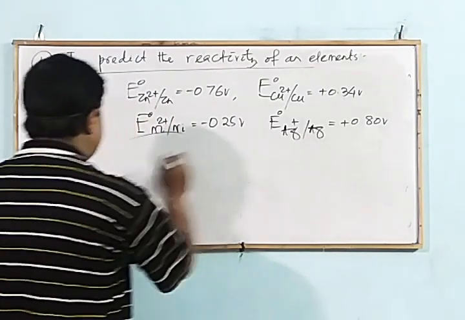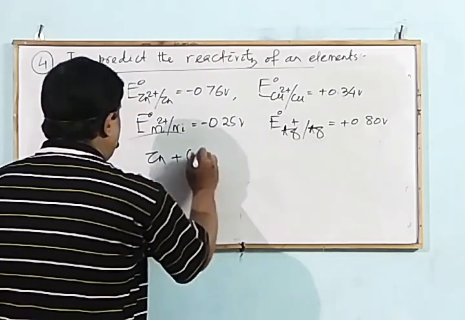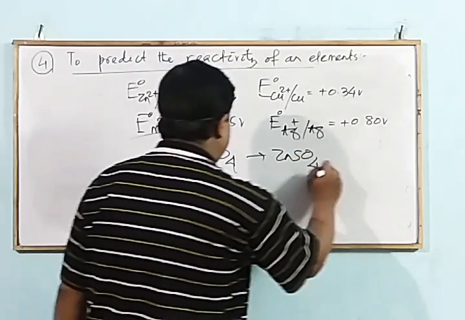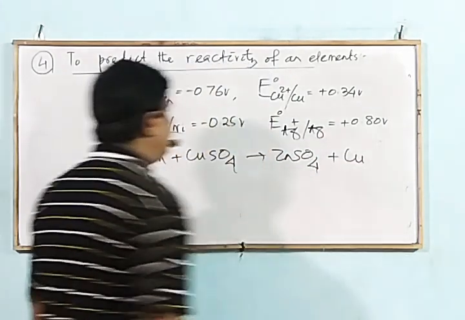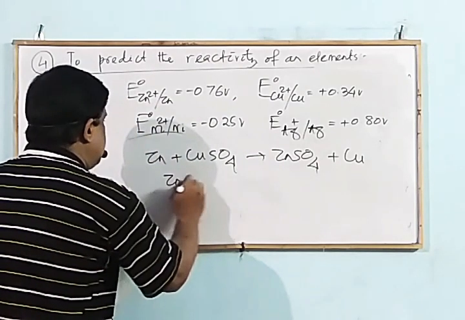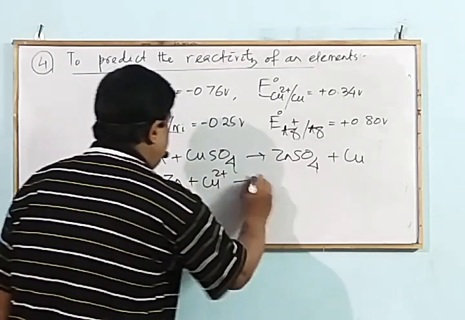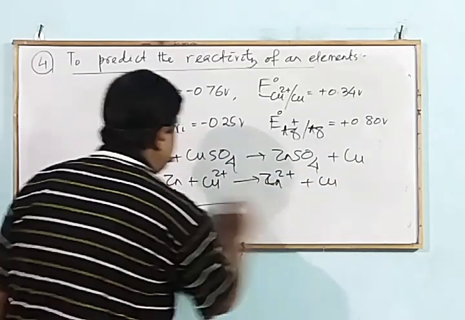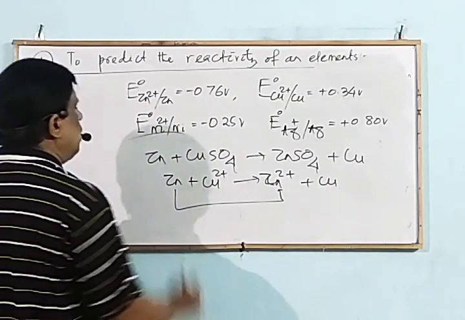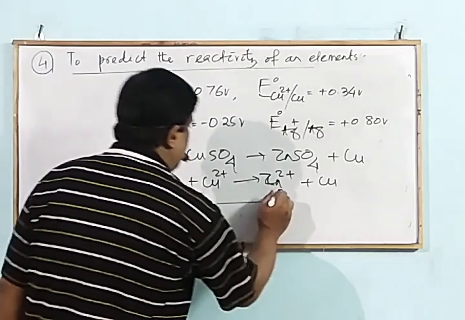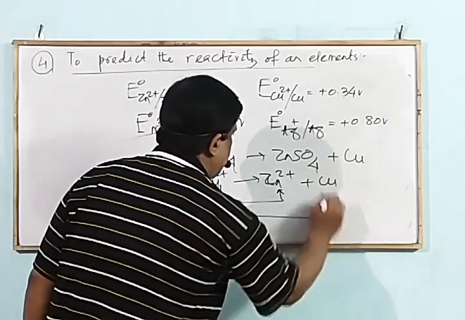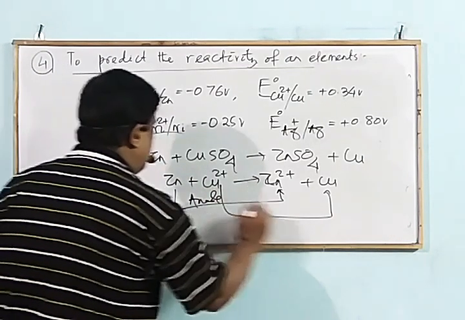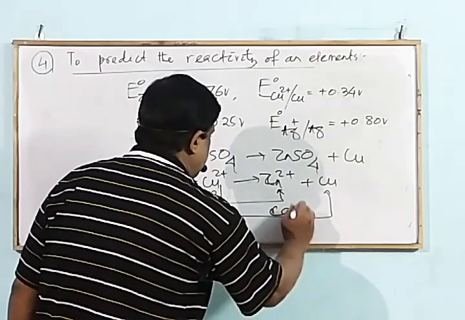The cell reaction is zinc combined with copper sulfate forming zinc sulfate plus copper, or zinc plus copper ion gives rise to zinc ion plus copper. Mark that. Here zinc undergoes oxidation while copper undergoes reduction. So zinc behaves as anode, copper behaves as cathode.